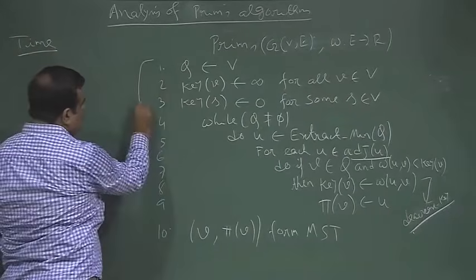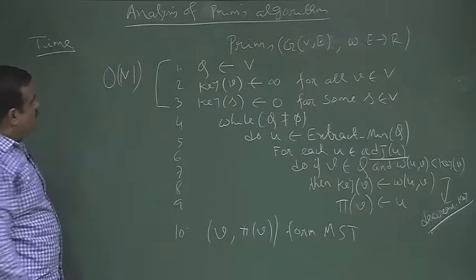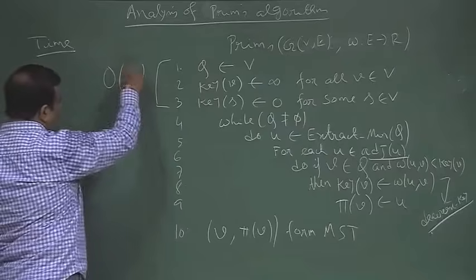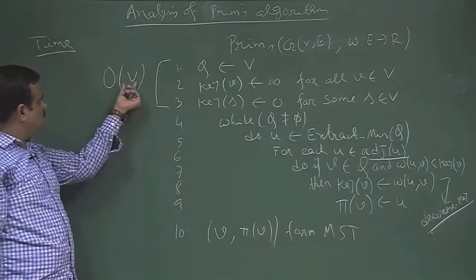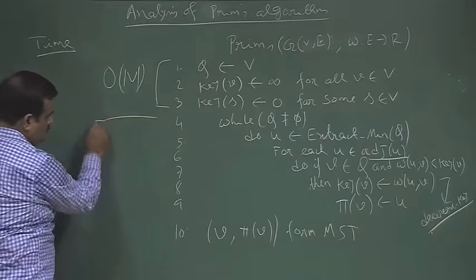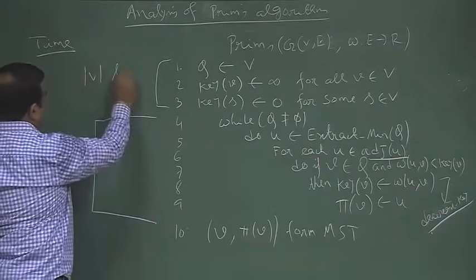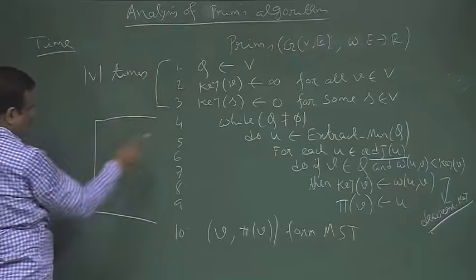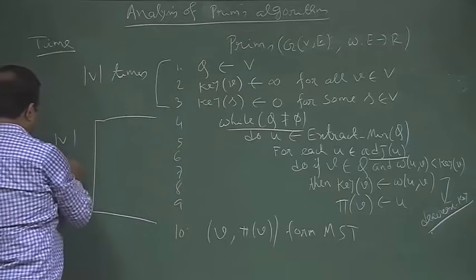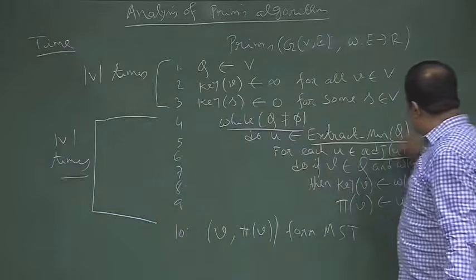The initialization step is order of V, to be very specific, order of the cardinality of V. The outer loop, while Q is not empty, is also V times, because Q is initialized with V. So V times we are doing the extract minimum from Q.